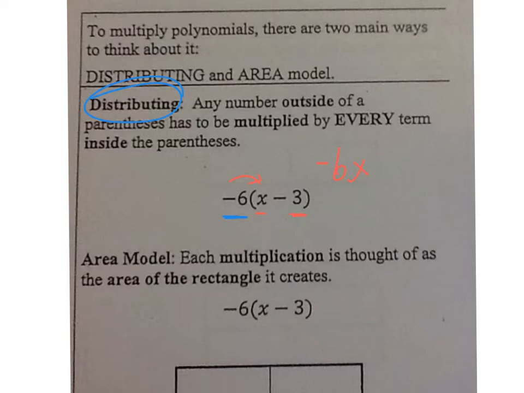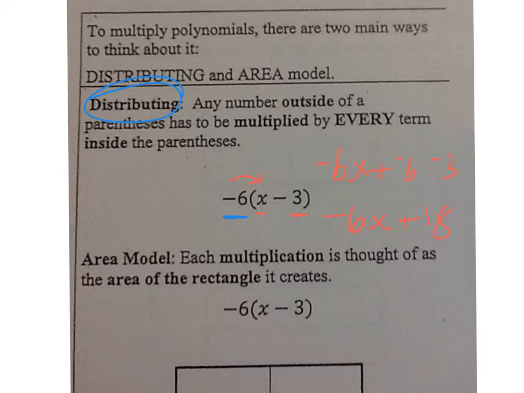And negative 6 times negative 3 is positive 18. So it's negative 6x plus 18. Oops, I goofed up there. That's the distribution model, and that works for some of you.